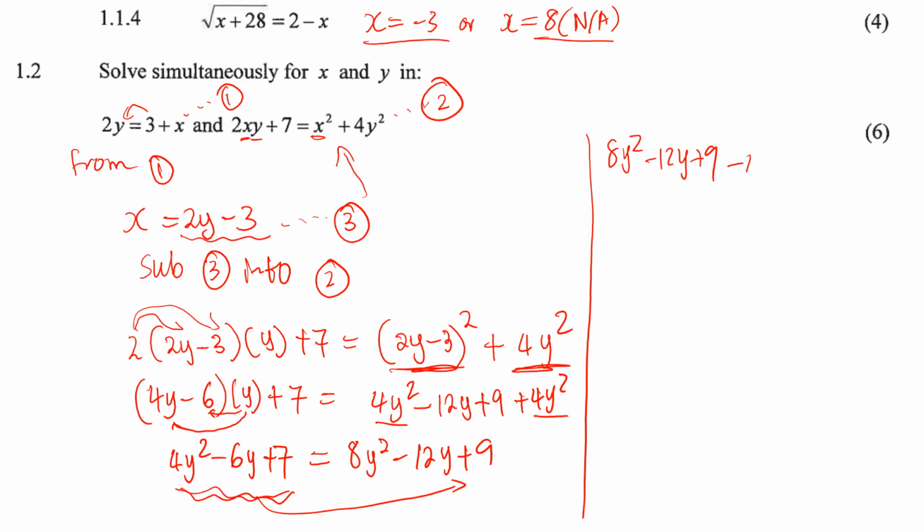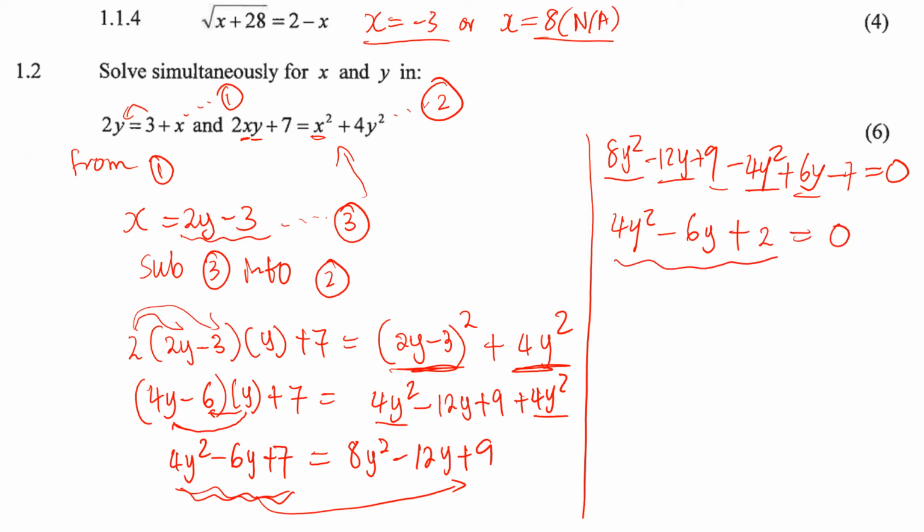When it moves there, it will be minus 4y squared, minus 6y will be plus 6y, positive 7 will be what? Will be minus 7, right? This is equated to 0, right? So this and this are like terms. They will give us 4y squared, minus 12y plus 6y will be minus 6y. 9 minus 7 will be what? Will be 2, equal to 0.